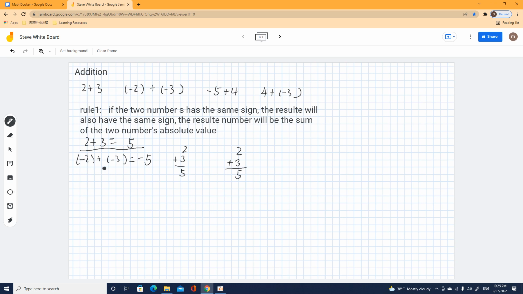If the two numbers don't have the same sign, now I give the rule.